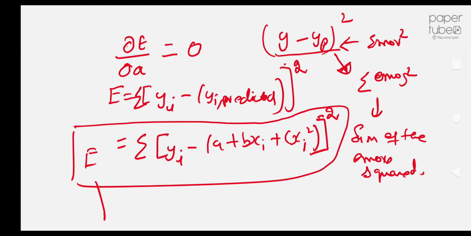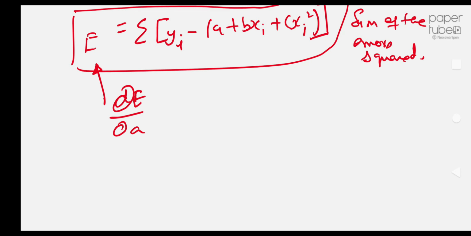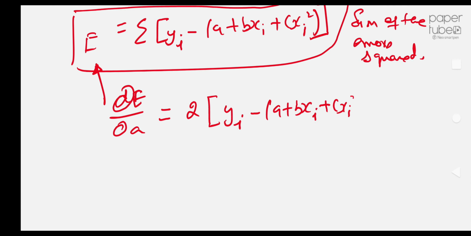So we need to partially differentiate this error function with respect to A. Differentiating, the 2 comes to the front, multiplied by (y of i minus (a plus b x of i plus c x i squared)). Since we are differentiating with respect to A, it will be 1, and since you have a negative sign in front, it will be minus 1.